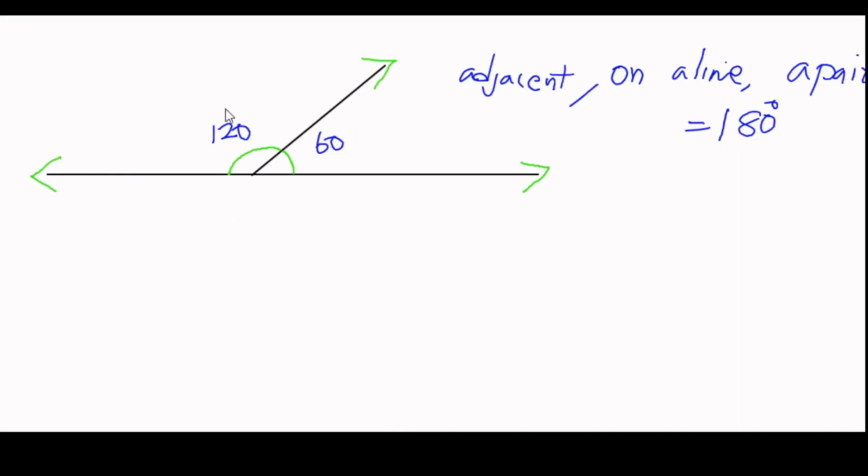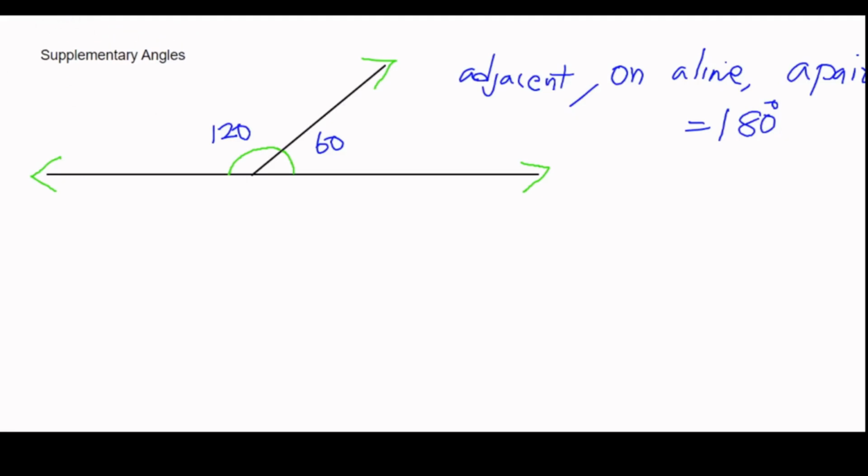So the total of 120 degrees and 60 degrees together makes this angle 180 degrees. Such a pair of angles whose total is equal to 180 degrees are named supplementary angles. Supplementary angles are those angles whose sum total is equal to 180 degrees. A pair of angles having its total measure equal to 180 degrees are named supplementary angles.